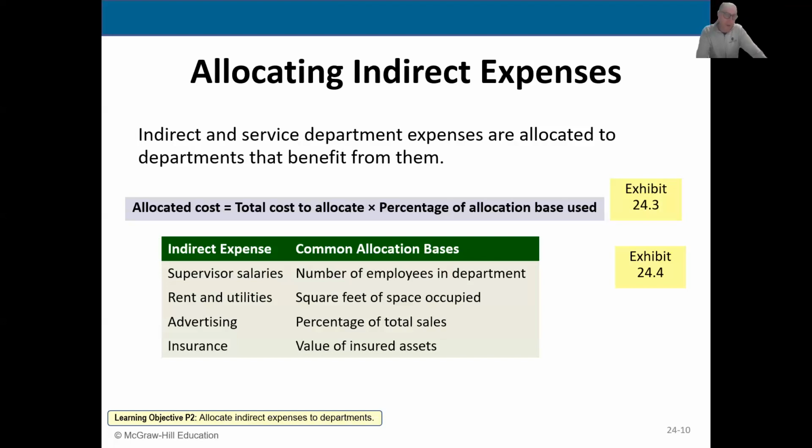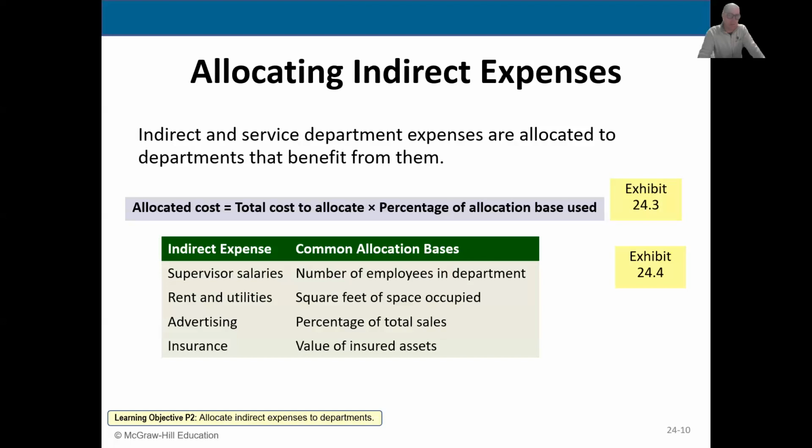Another example of indirect expenses is advertising. Macy's advertises for the whole store, not just the jewelry department. Okay. So the advertising expense is allocated using percentage of total sales. And insurance, another indirect expense.